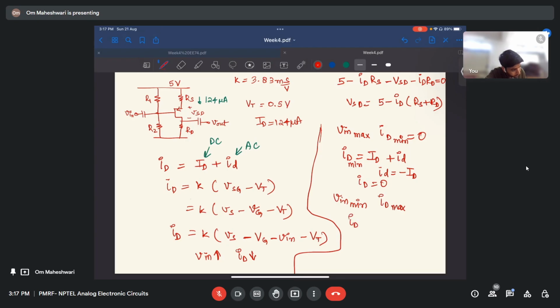So this is the AC, and it will be something like this. If the minimum value is minus ID, its positive value will be plus ID. So the maximum ID will be ID plus ID, and in this case it will be positive. So total current will be 2 ID when V in is minimum.